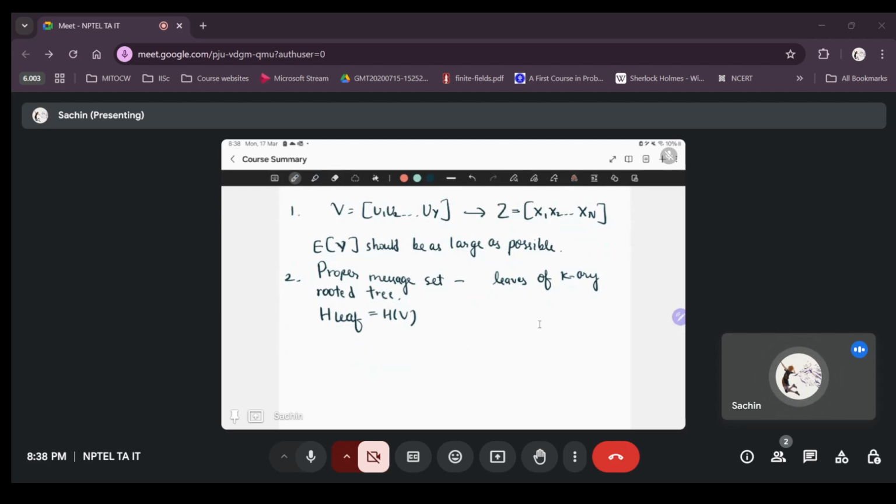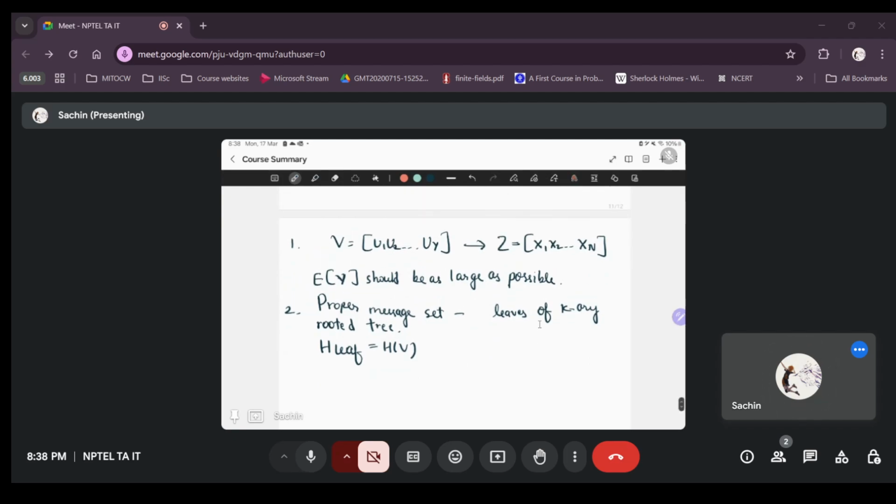Since the U's are all independent, you can write H(V) as the average length times the uncertainty in U. Let me write it.